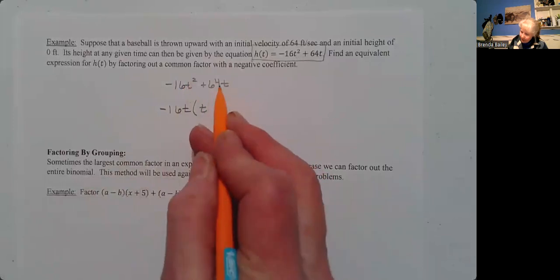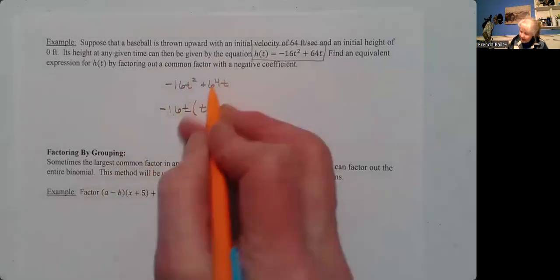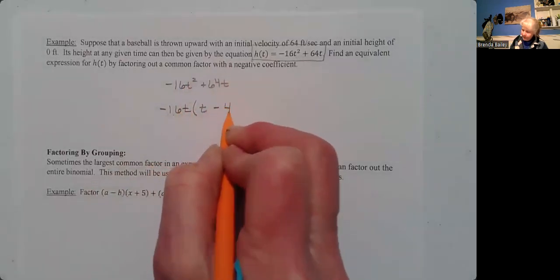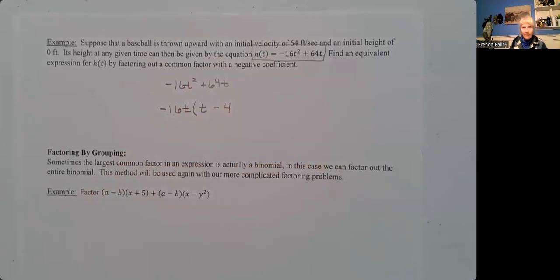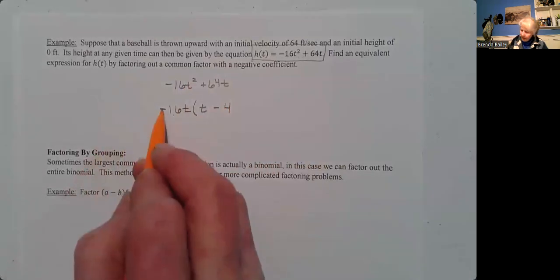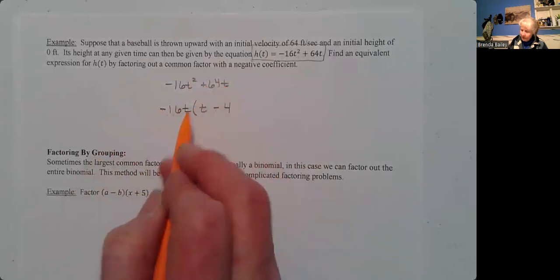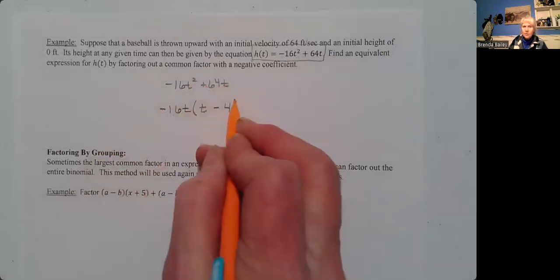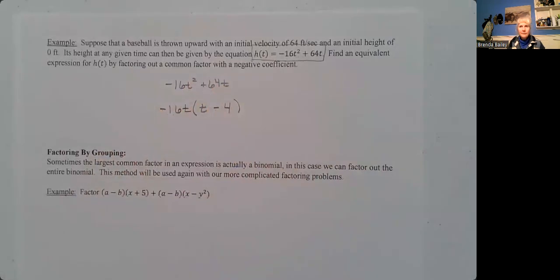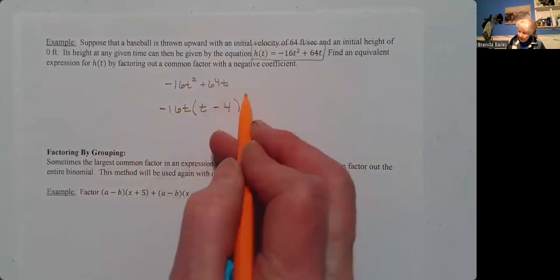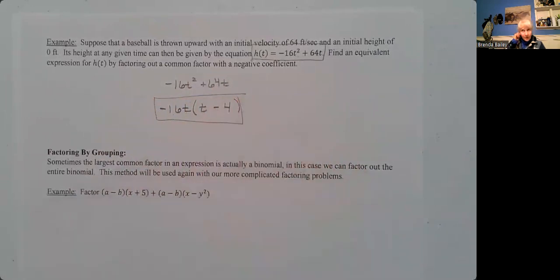All right, 64 divided by a negative 16 is a negative 4. Negative times a negative is a positive. T over t, when you divide these, they cancel out. So that's the answer they wanted. Is this right here? And I believe you have one of those on your homework.